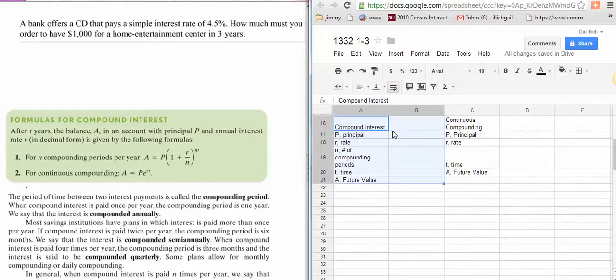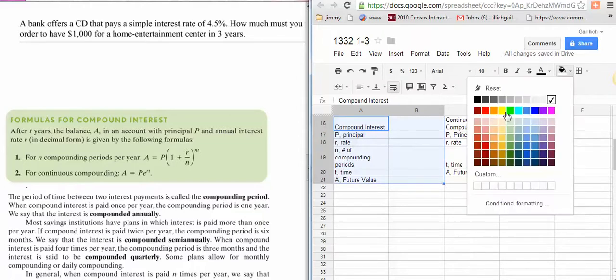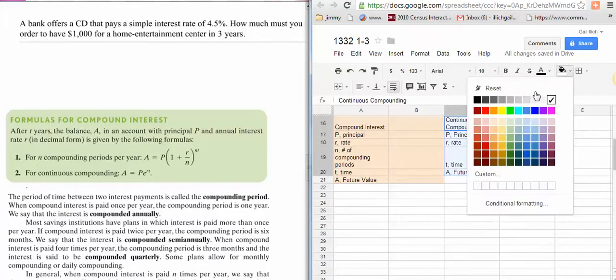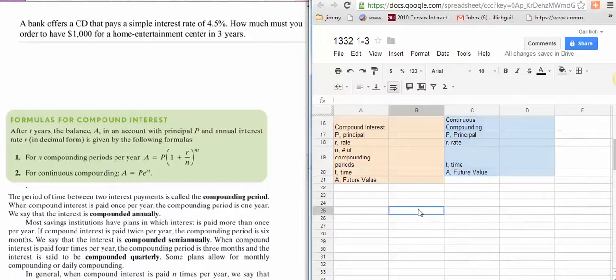So maybe I'll do something fun, like I'll make this one maybe kind of a gray color, and this one sort of a peach color. This one, having a little fun, maybe pale blue. That's pretty. All right, and then this compound interest is the general title. What you can do is you can merge these 2 cells.